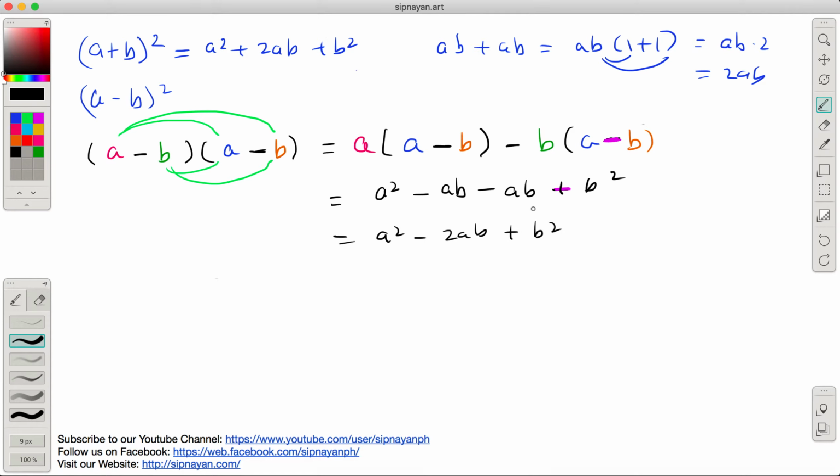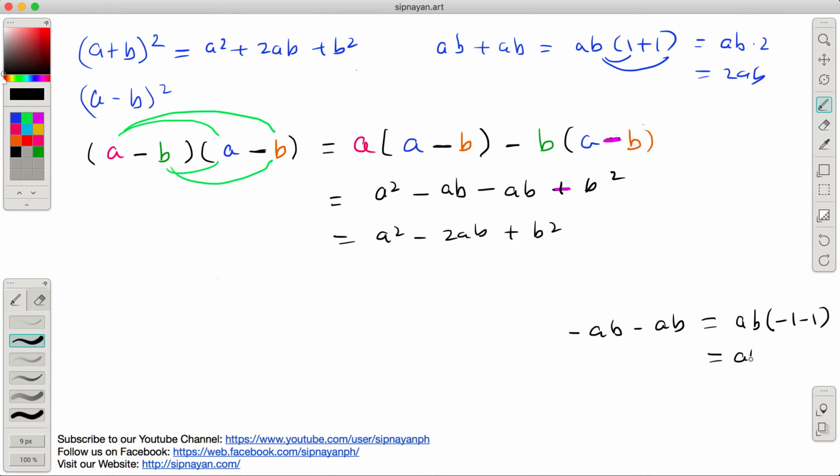Okay? So, ano naman ang nangyari dito sa minus AB minus AB? Bakit siya naging minus 2AB? So, this is just negative AB minus AB, which is equal to AB, yung nasa labas, factor out AB, negative 1 minus 1, same siya, negative 1 minus 1.